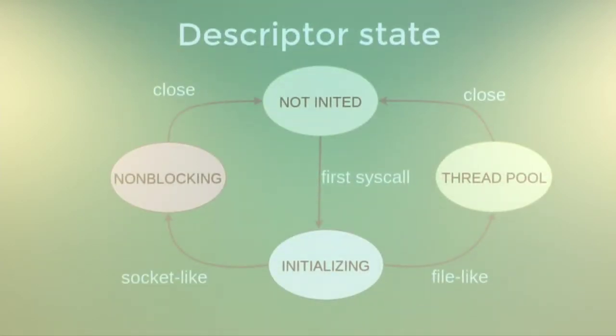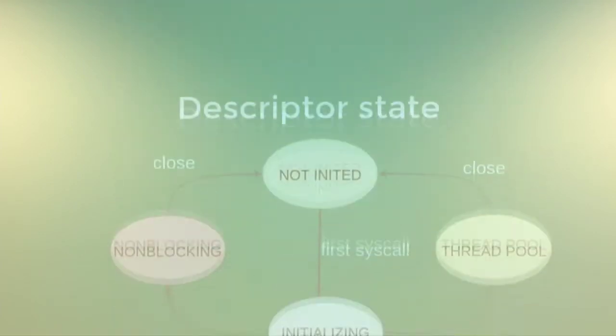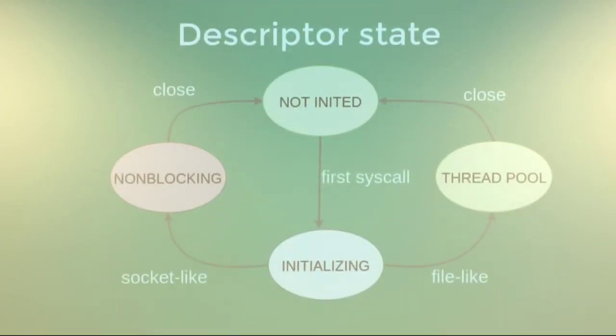A little bit about IO state, which is really involved, but maybe. The thing is, we don't really know when somebody starts using a file descriptor. So it is initially not initialized. Somebody does a syscall somewhere, so we look: is it something we already know? No, it's not. Let's start initializing it.